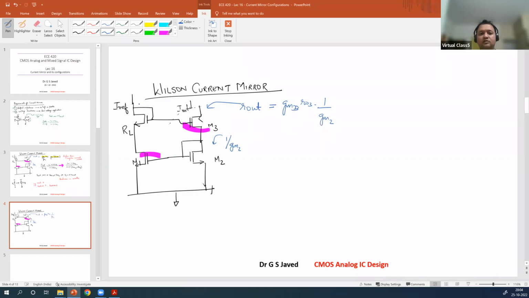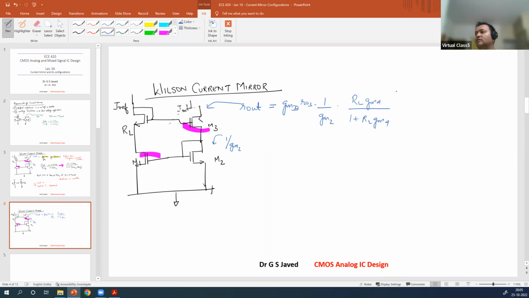Now multiplied by these two devices. Okay, what are these two? The RL and GM right now will form a negative feedback system with a current source forming here. So that would be RL times GM4 over 1 plus RL times GM4.